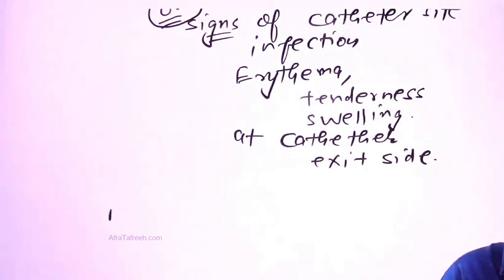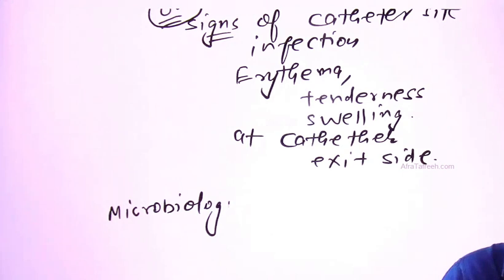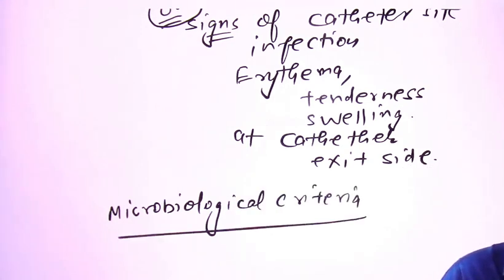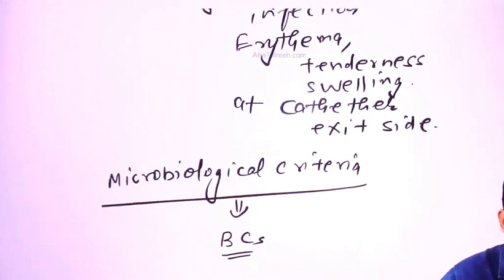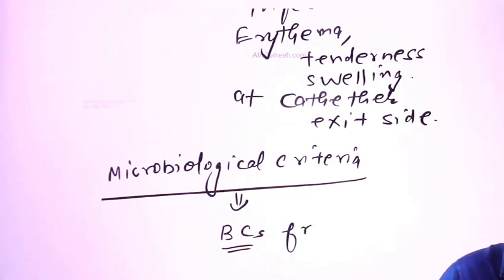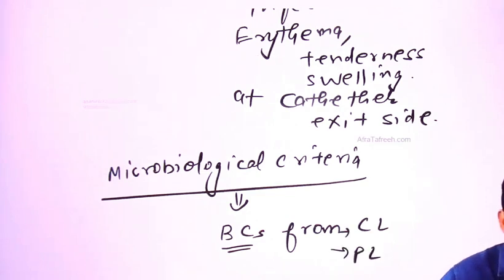And what about the microbiological criteria? In the microbiological criteria, what you have to remember is that you will go for blood culture from the central line and from the peripheral line.